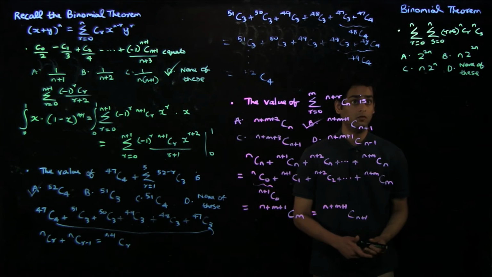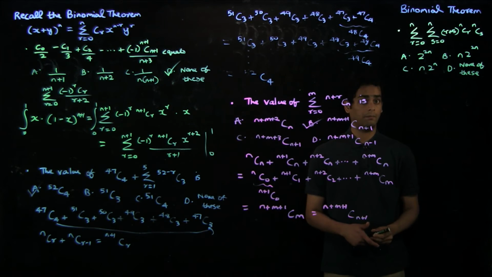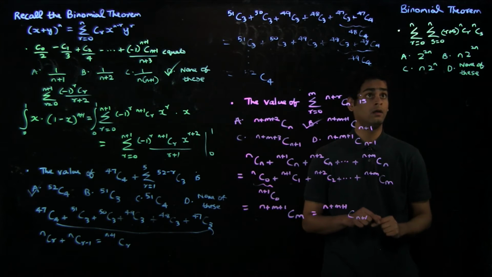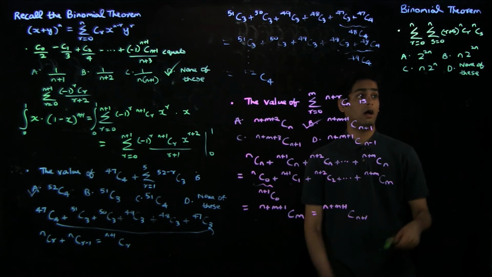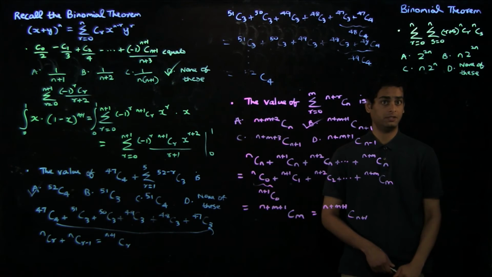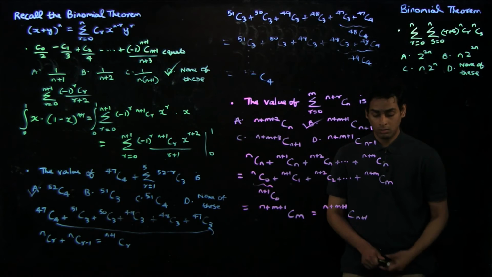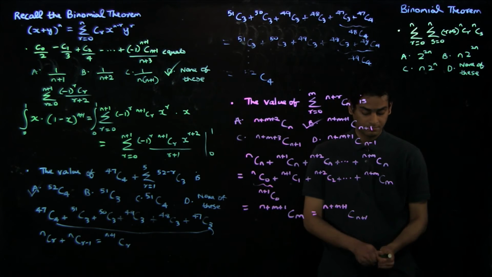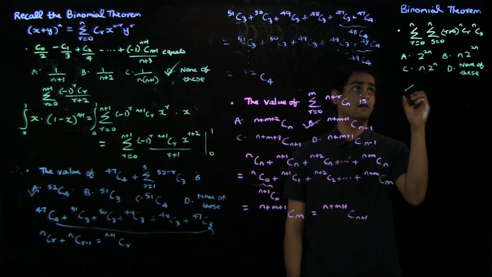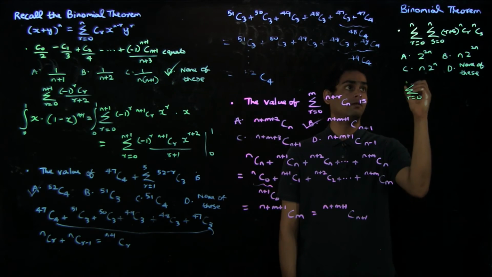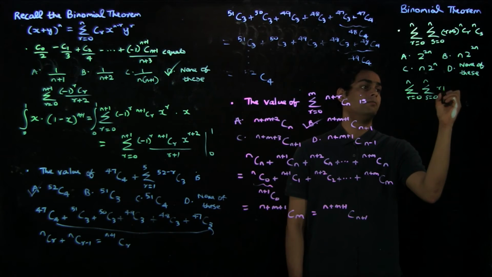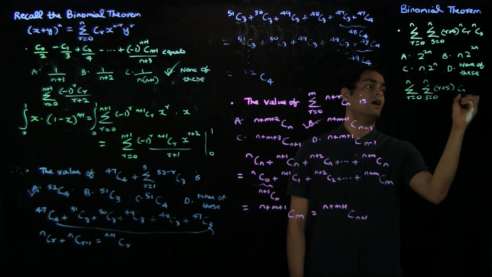So once again, you might be able to narrow down your options based on suitable values of n in this expression. But since there is none of these, you can't really be sure that one of those options is the right answer. So let's try and derive what this answer actually is. So we have summation r equal to 0 to n, summation s equal to 0 to n, (r plus s) nCr nCs.